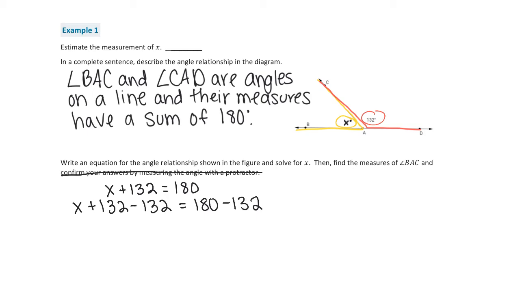So now I have x equals 180 minus 132, and that's going to give me 48. So now I know that the angle BAC equals 148 degrees.